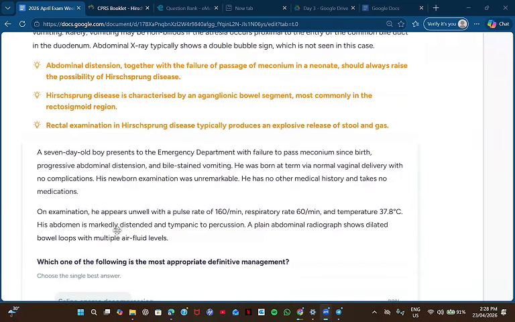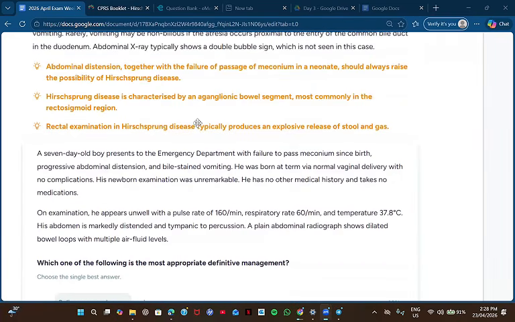Okay, next question. We'll go one by one, then you will understand. A 7-day-old boy presents to the emergency department with failure to pass meconium since birth, progressive abdominal distension, and bile-stained vomiting. He was born at term by normal vaginal delivery with no complications. His newborn examination was unremarkable.